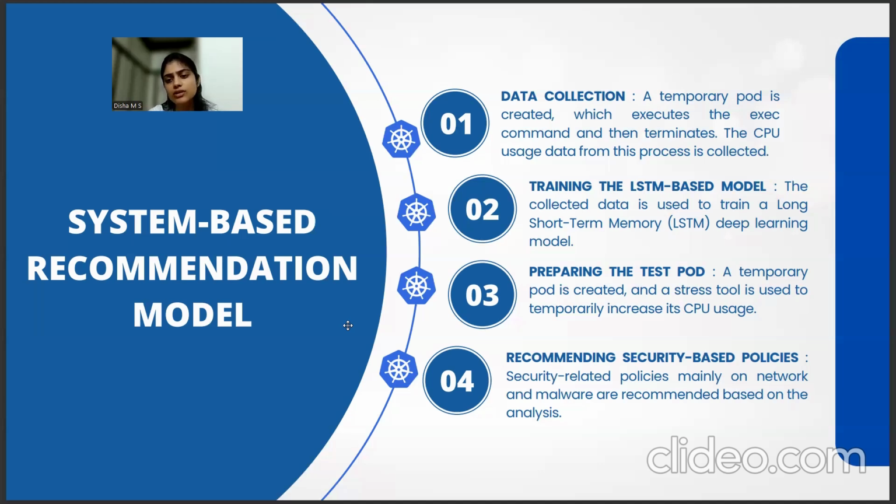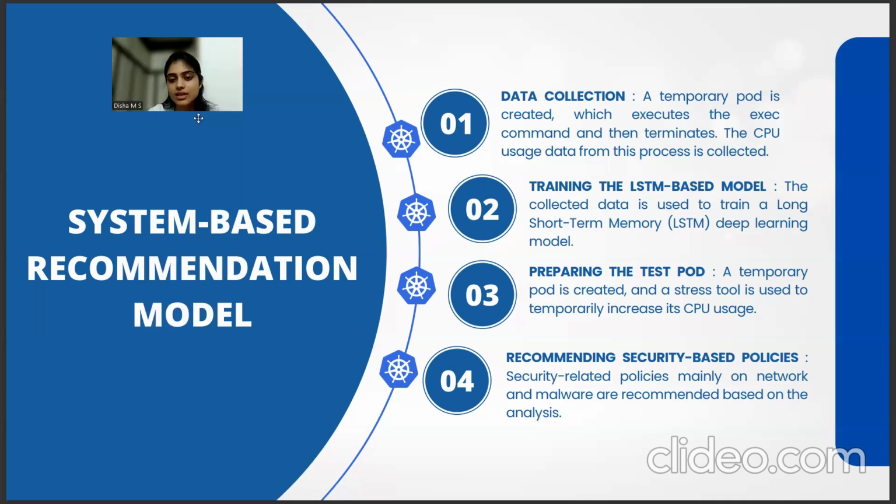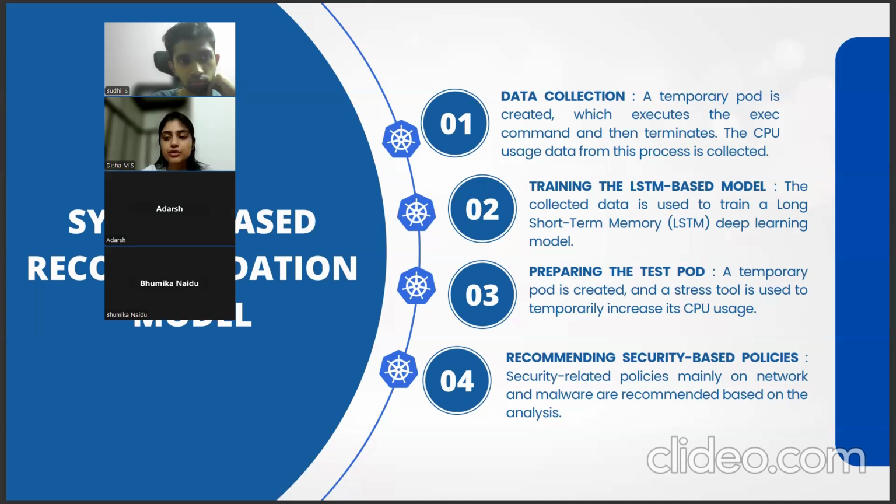These policies primarily focus on network security and malware protection, ensuring that any potential threats are addressed promptly and effectively. So this comprehensive approach allows the system-based recommendation model to proactively enhance system security and efficiency by detecting and responding to potential threats before they cause any significant damage. Next slide.